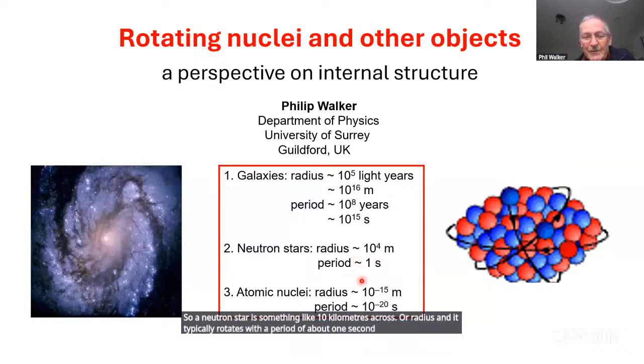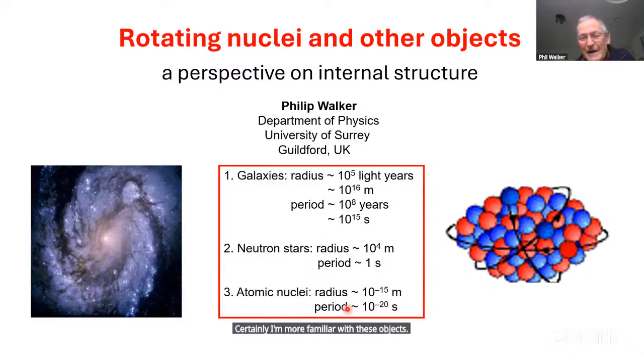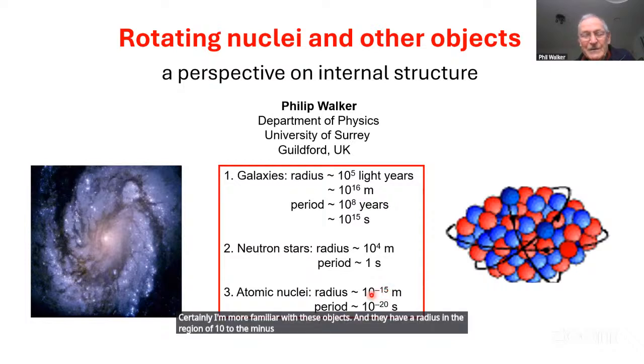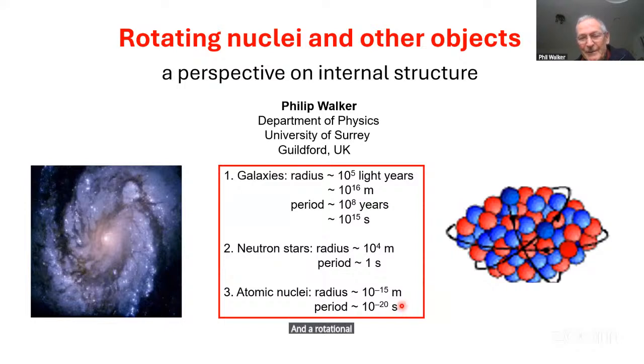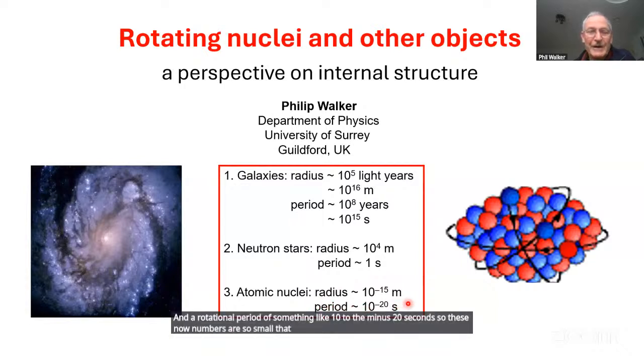And then when we consider atomic nuclei, certainly I'm more familiar with these objects, and they have a radius in the region of 10 to the minus 15 meters and a rotational period of something like 10 to the minus 20 seconds. So these numbers are so small that it's quite hard to have a feeling for them.